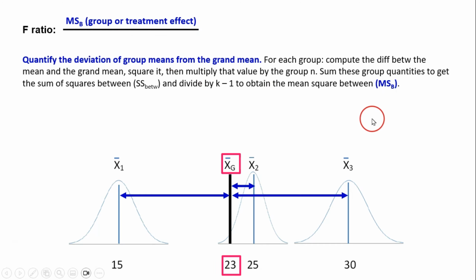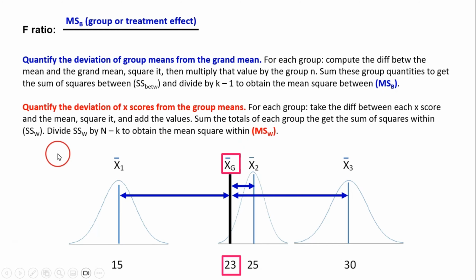The next thing you need to do is to get the denominator for the F ratio. So to do that, you want to quantify the deviation of the X scores from the individual group means. So you would do the following.